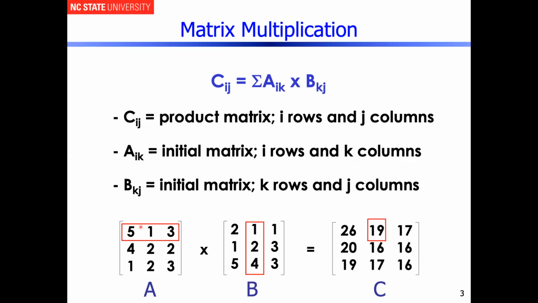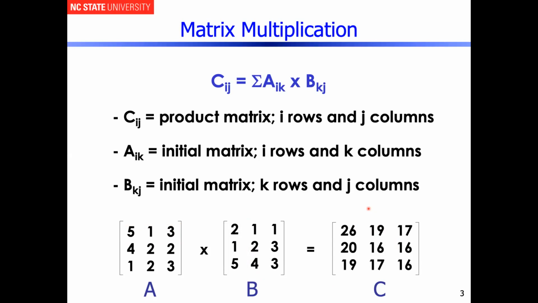And again, that's going to be 5 times 1 plus 1 times 2 plus 3 times 4. That all sums to 19. And that's really all you need to do to multiply 2 different matrices together.